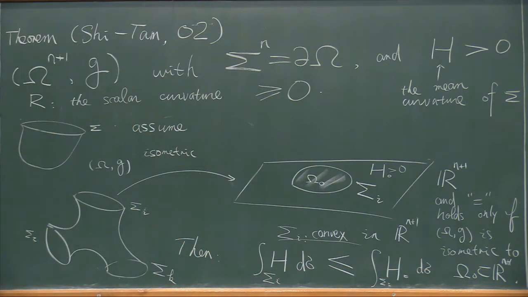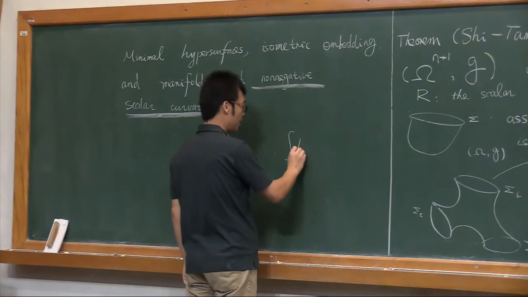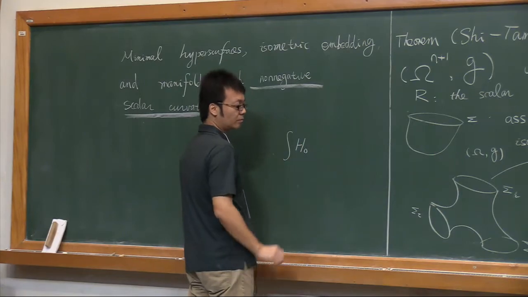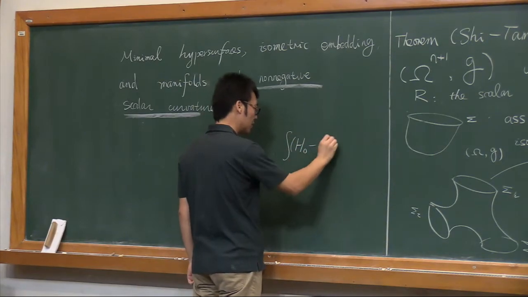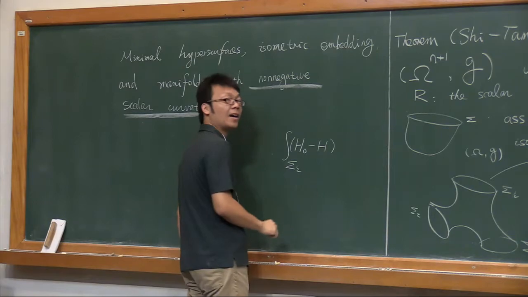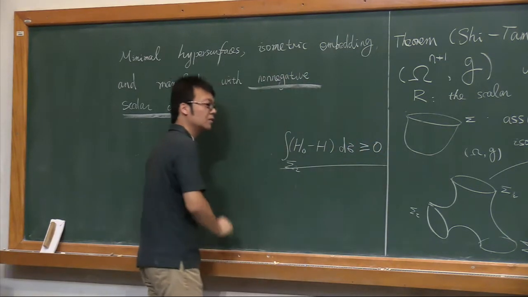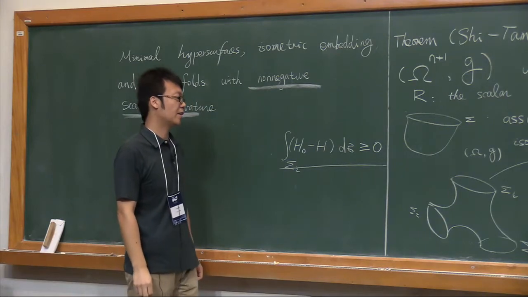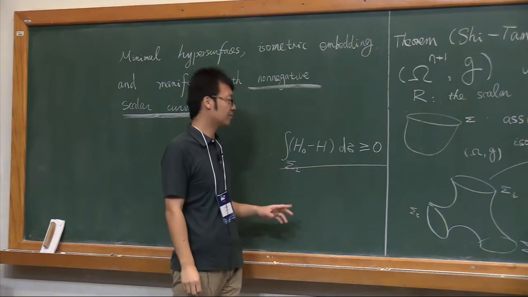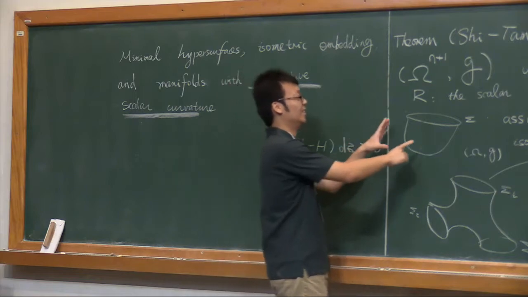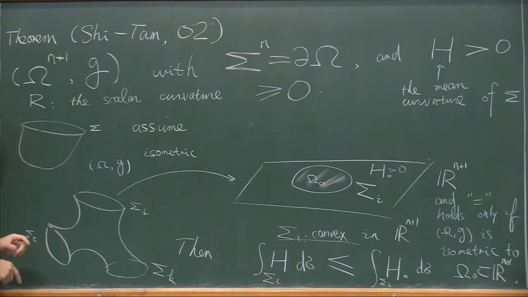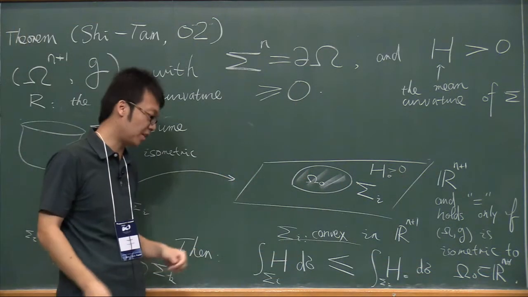So in other words, one can rewrite Shi-Tam's theorem as: the integral of H0 minus H along sigma I is greater than or equal to 0. And moreover, equality holds if and only if the manifold is isometric to part of the Euclidean space.